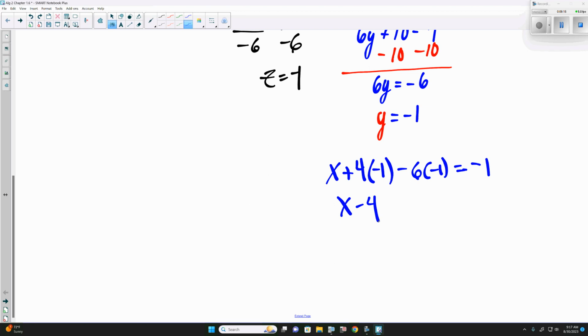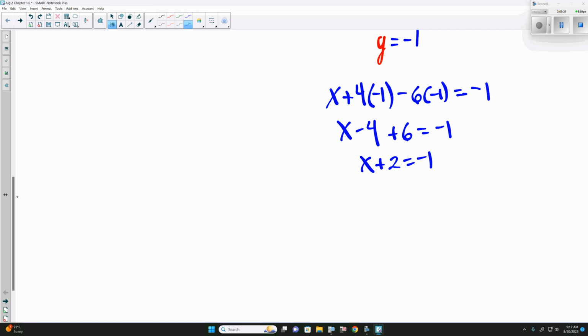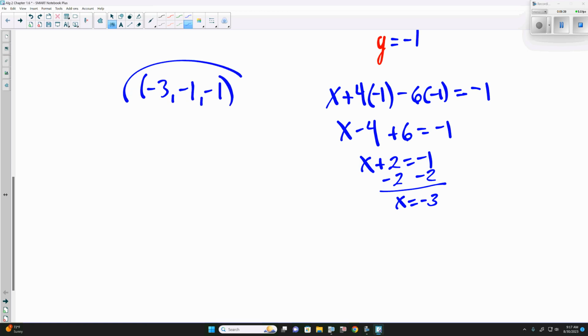Our 4 times negative 1 would be negative 4. Negative 6 times negative 1 is going to be positive 6. Negative 4 plus 6 is going to be plus 2. I need a little more screen. So our point is negative 3, negative 1, negative 1.